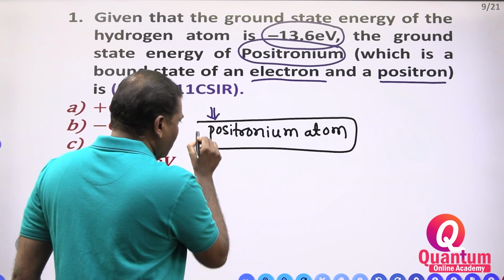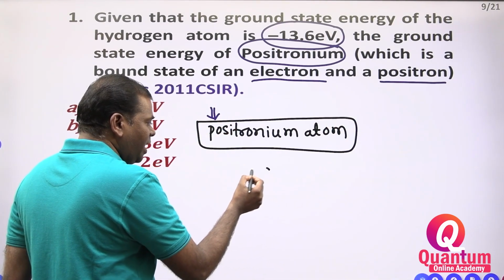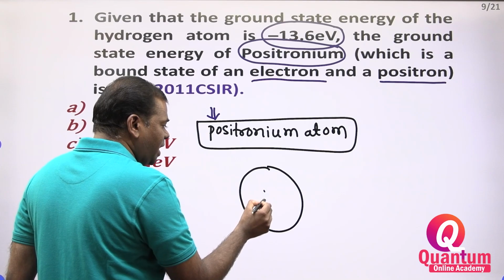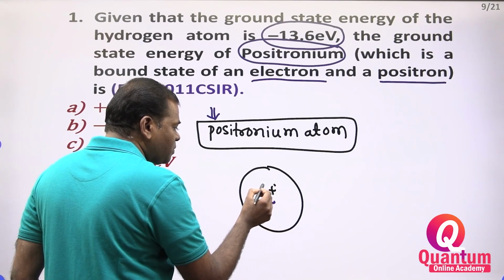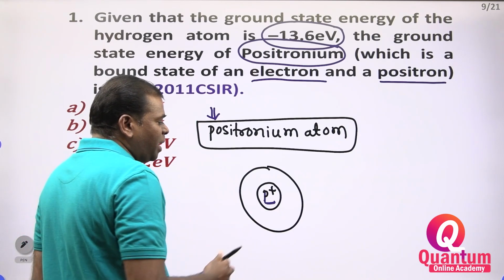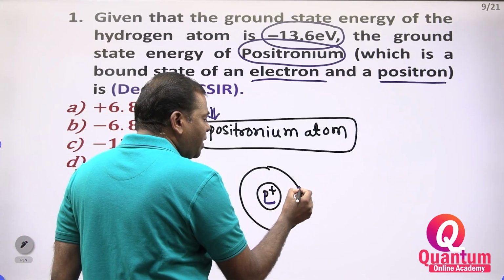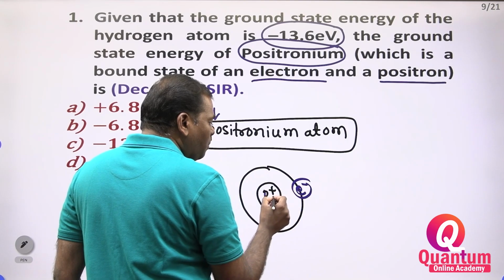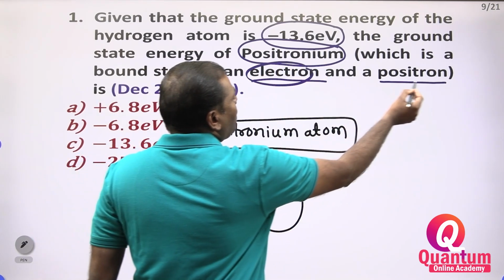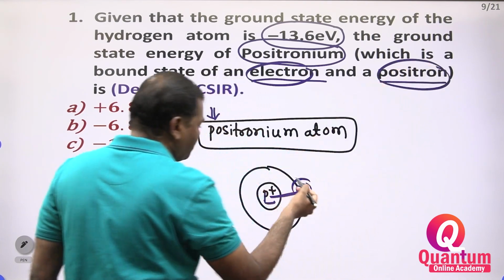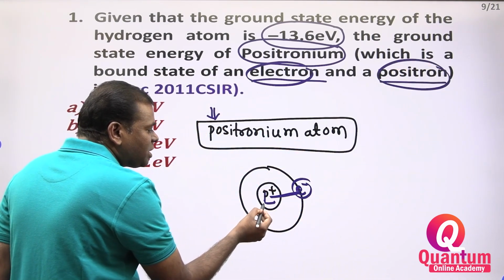First you learn: in the hydrogen nucleus a proton is there. In the positronium atom this proton is replaced by a positron. In the orbit, one electron is there. The electron and positron combination atom we call a positronium atom.